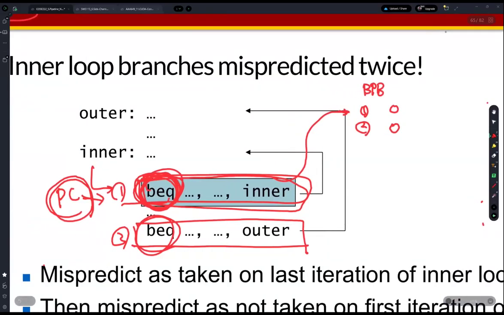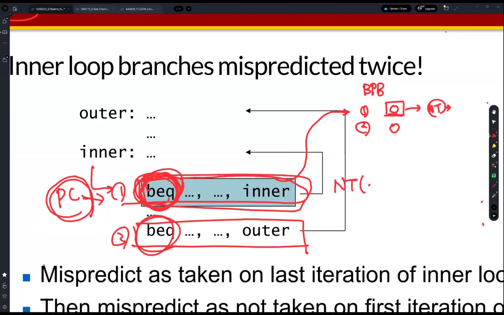What is the predicted value? The previous event is 0, right? I said that initially it's 0. Then what is the predicted value with the 1-bit predictor? It's not taken, because 0 means not taken. So it will be predicted as not taken.